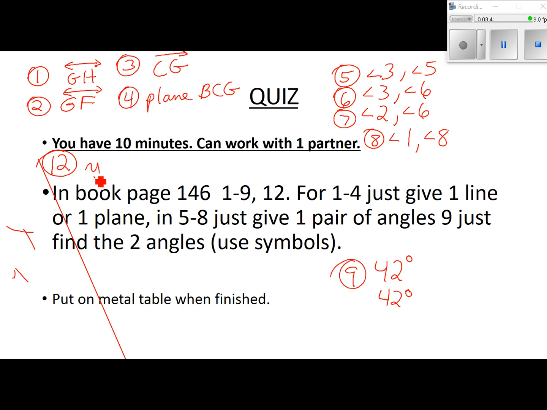Yes or no? Yes. What kind of angles are those two to each other? So if consecutive interior angles are supplementary, then we know that you have parallel lines, or the lines are parallel.